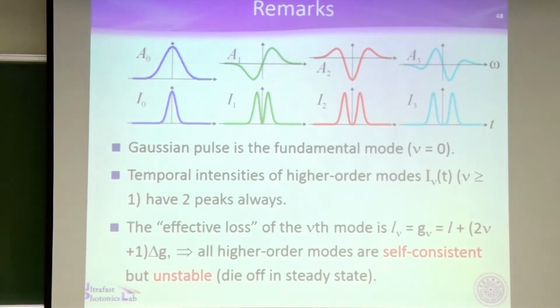According to the concept, gain equals loss in steady state. So if the nu-th mode has a saturated gain spectral peak G sub nu, the effective loss has to be the same. And you can see the higher the mode, the bigger nu, you have a bigger effective loss. So higher order modes, although they are self-consistent, are unstable. They will die off in steady state.